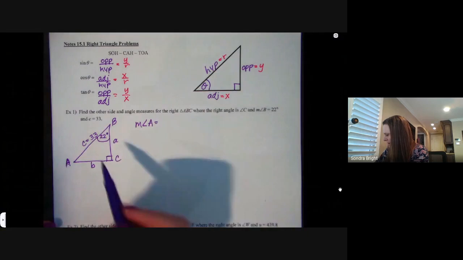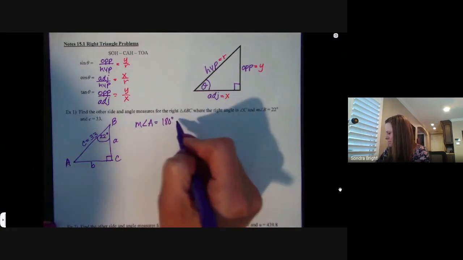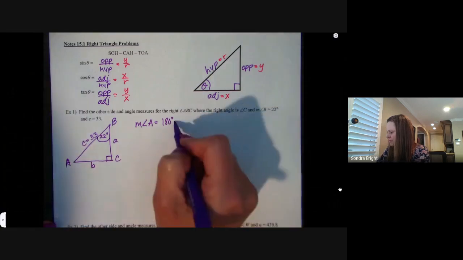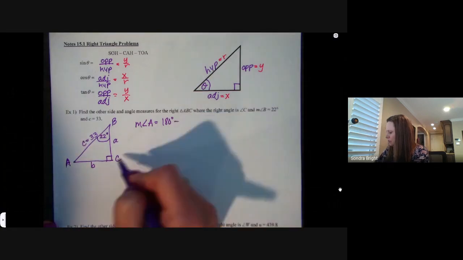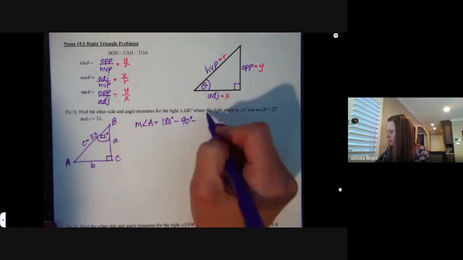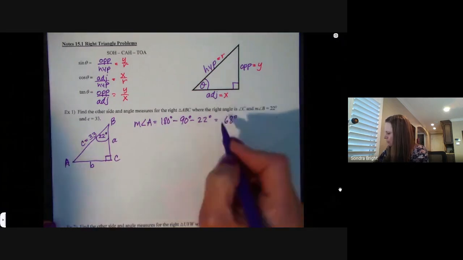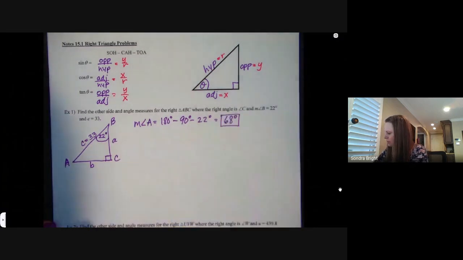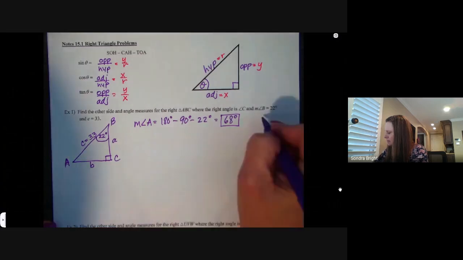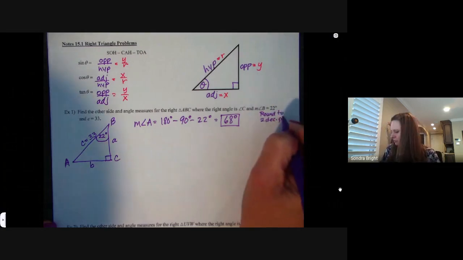So 180 degrees minus the right angle, 90 degrees, and then angle B was 22 degrees. When you subtract those, you'll get 68 degrees. Let's add in the directions that we're going to round to 2 decimal places when we need to.